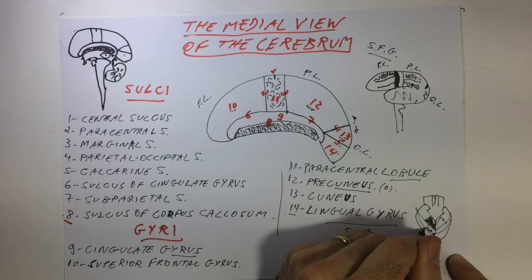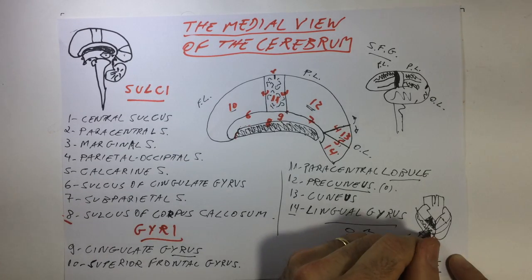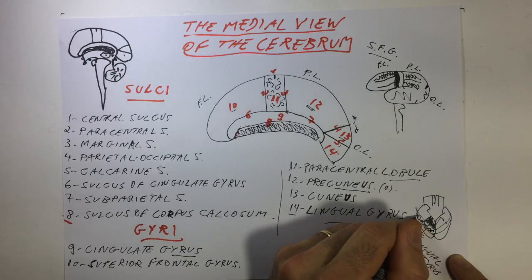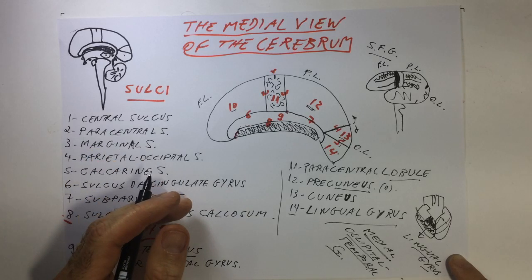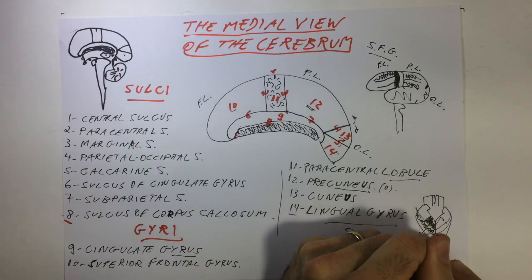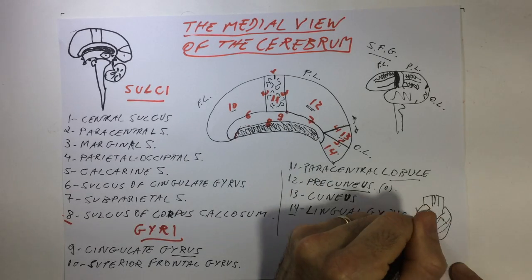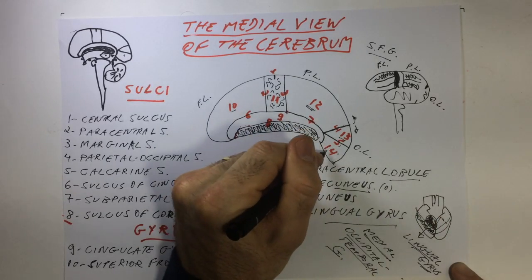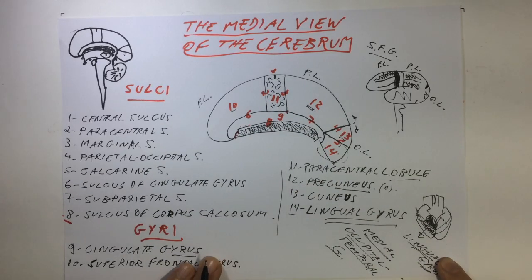Because this one here is the lateral occipital temporal gyrus. Another name, which is the one more used in English, would be fusiform gyrus here, fusiform gyrus, and the lingual gyrus, this one here, that continues here, the lingual gyrus. Okay, so that would be it.